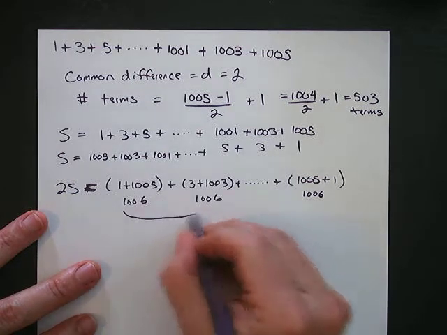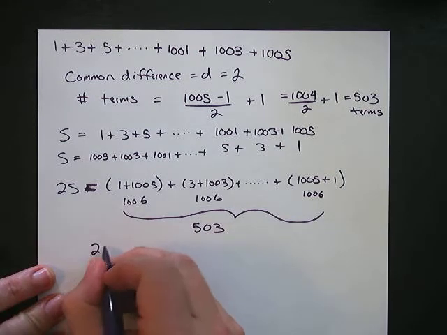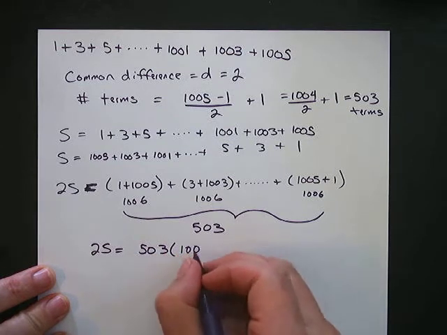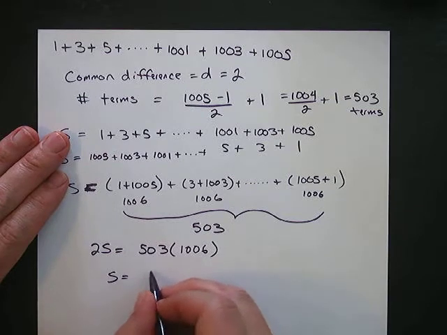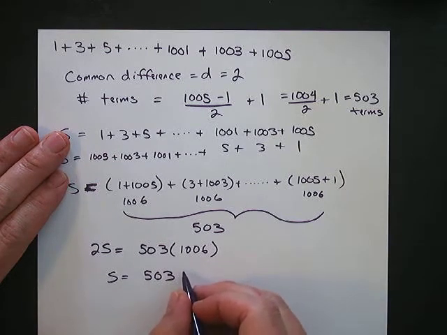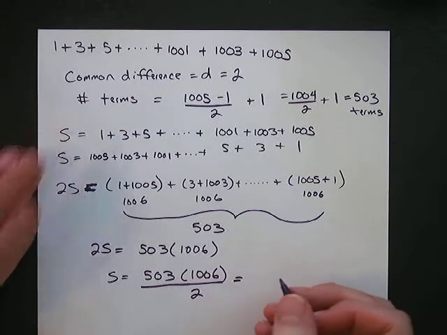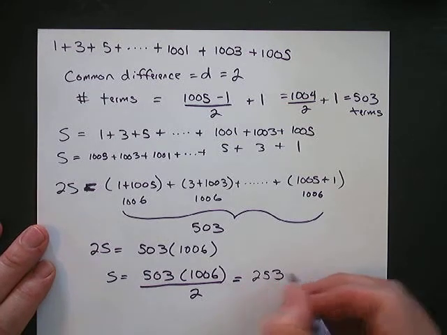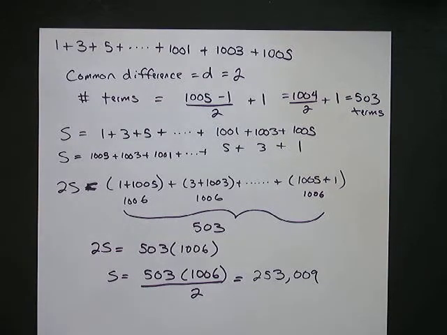So 2S is equal to 503 of the 1006s, so we're multiplying those. S is equal to 503 times 1006 divided by 2, and that will give us 253,009. Okay, that's the sum. All right, let's take a look at the last one.